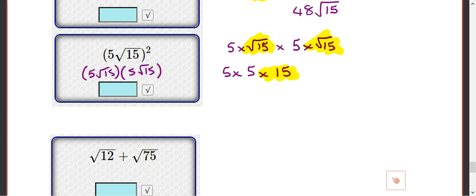So I've got rid of all the irrational parts completely. Now I just need to do 5 times 5 times 15. Which is what? 375? We all confirm? Yeah? Everyone got the same answer?